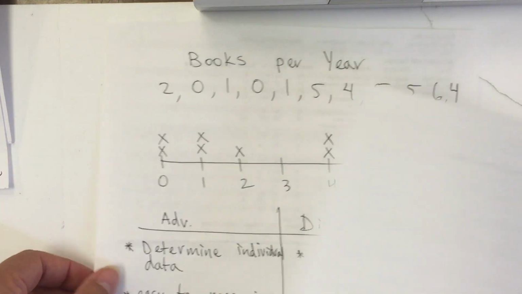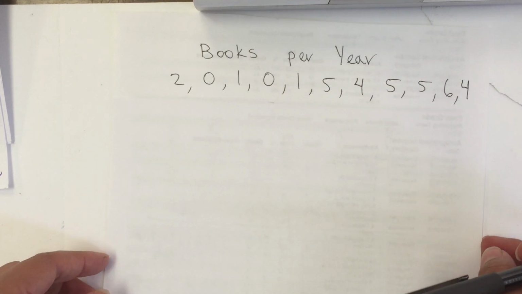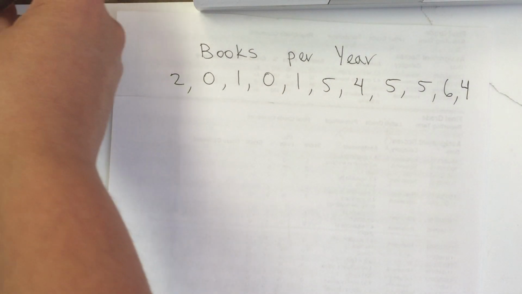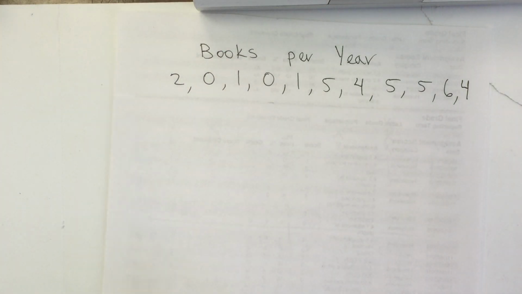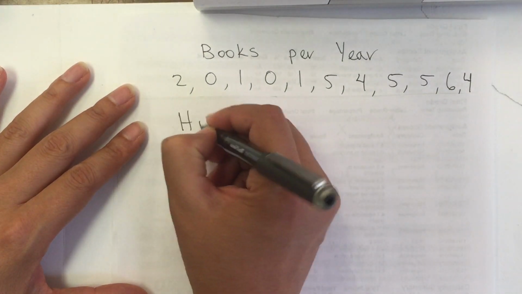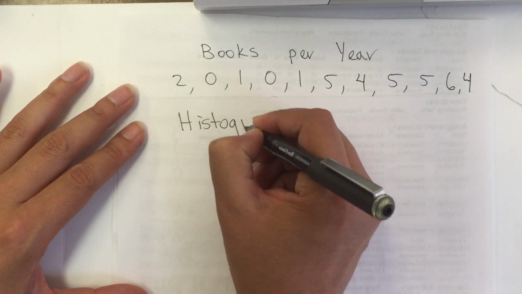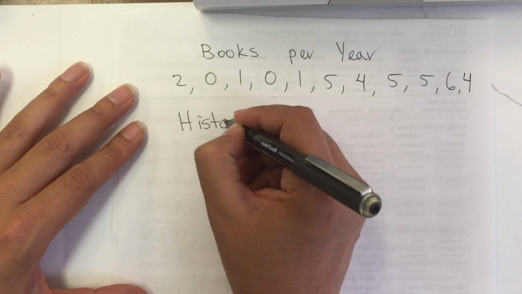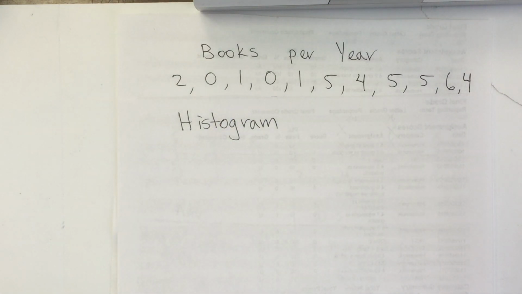Okay, so for the same data, we're now going to create a histogram. And a histogram, it looks similar to a bar graph. The only difference is that the histogram is to tell us the frequency of something happening.